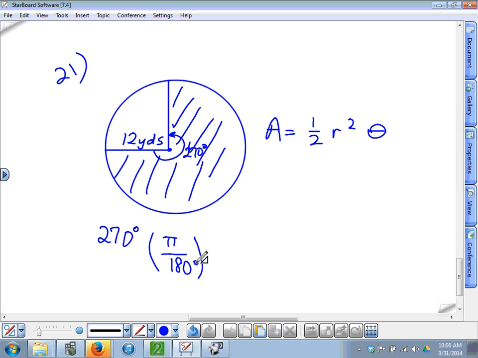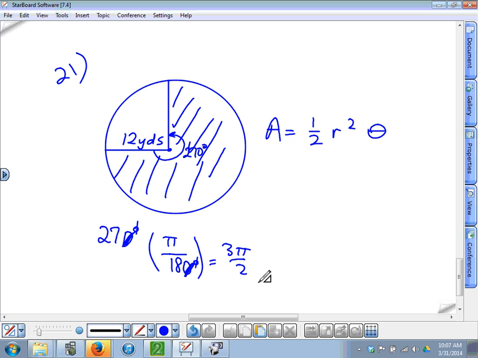So it's pi over 180, and then you can cross out the zeros and divide them both by 9, because 9 goes into 27 and 18. So it would be 3 pi over 2.